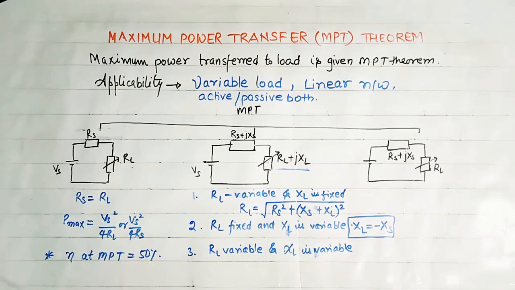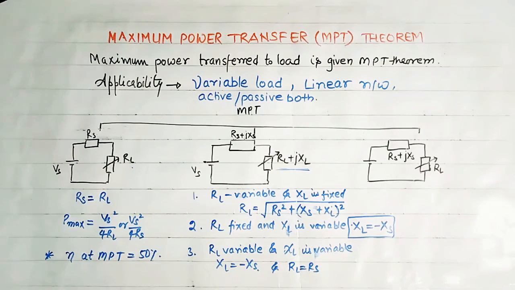In this case, the condition for maximum power transfer is XL is equal to minus XS, because here XL is variable, and RL is also variable, that's why RL must be equal to RS.